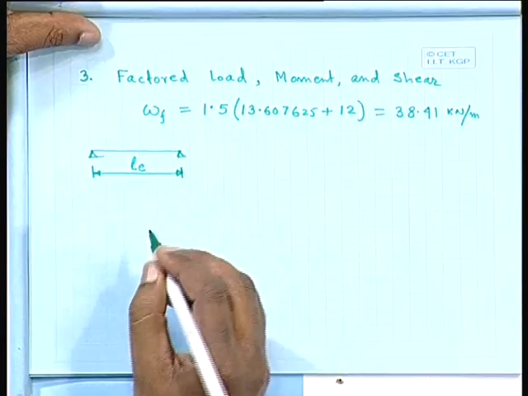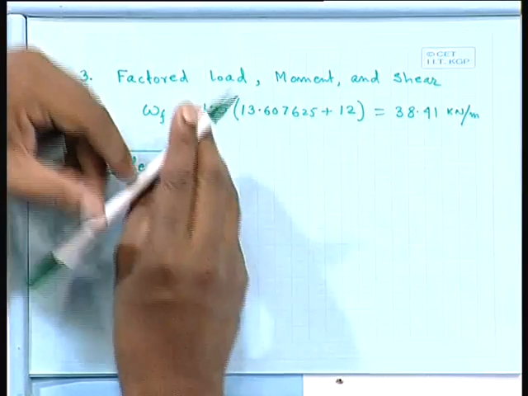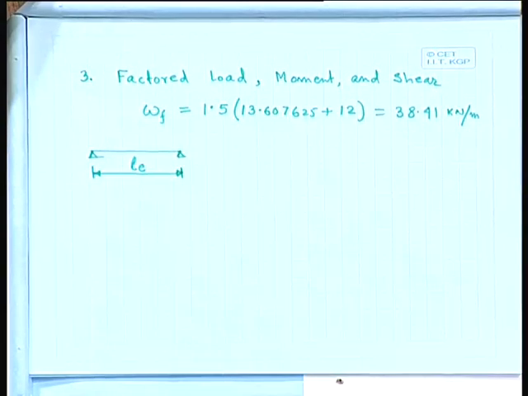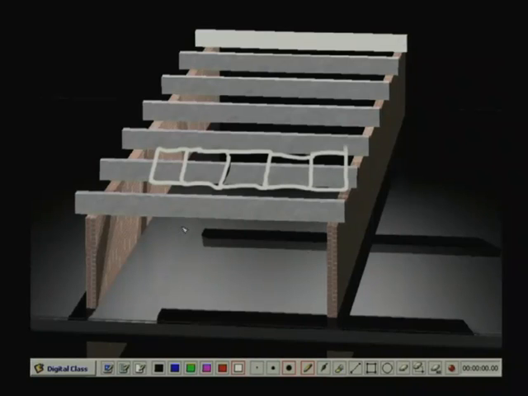Our code says, even though we know what should be your effective span, that we have to find out, because it is dependent not only on the center to center of the beam, but also on the effective depth. So, out of that, we take the minimum one.